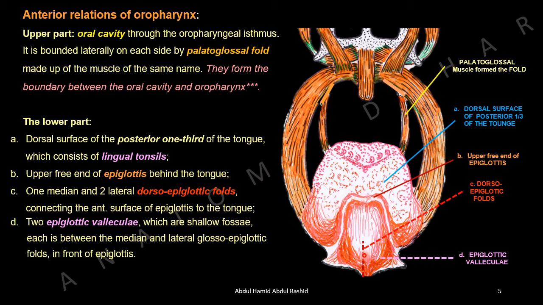There are three folds, we call them glosso-epiglottic folds, one median and one each on the lateral side, connecting the anterior surface of the epiglottis to the dorsum of the tongue. Between these three folds, we have the epiglottic vallecula, a shallow fossa, each between the median and lateral epiglottic folds in front of the epiglottis. In this diagram, we cannot see that vallecula.